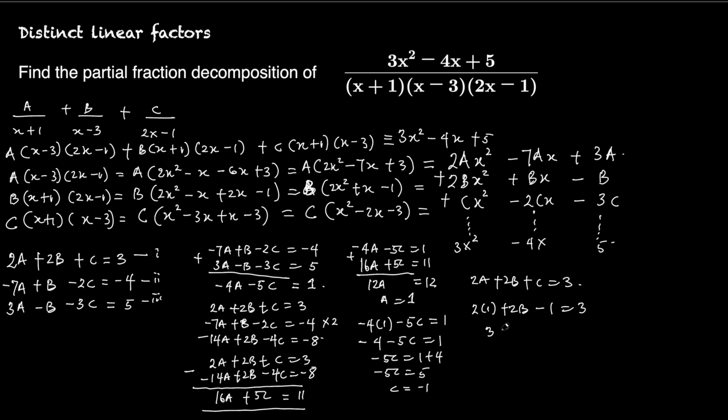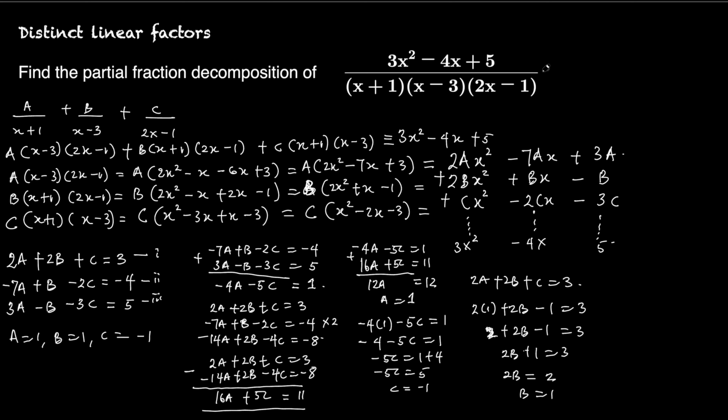So this is 2, 2b minus 1 equals 3. So we have 2b plus 1 equals 3. So 2b equals 2 and b equals 1. So from all we've done now, we can see that a equals 1, b equals 1, and c equals -1.